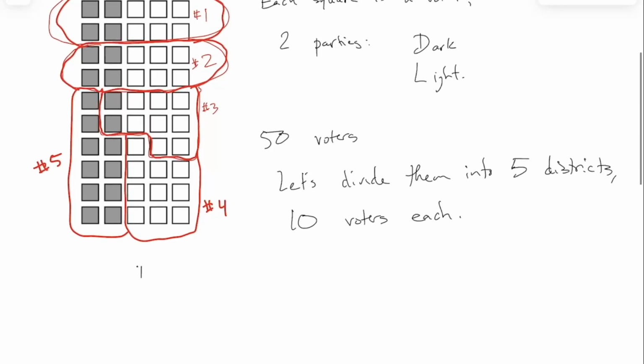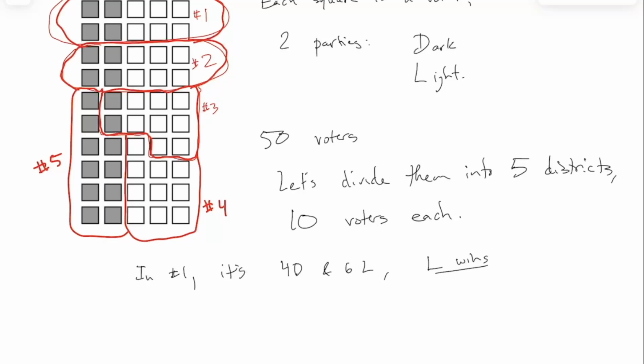So in number 1, just count up. I see 4 dark ones and 6 light ones. So it's 4 darks and 6 lights. So the lights win in District 1. You imagine these people are each voting on a representative.